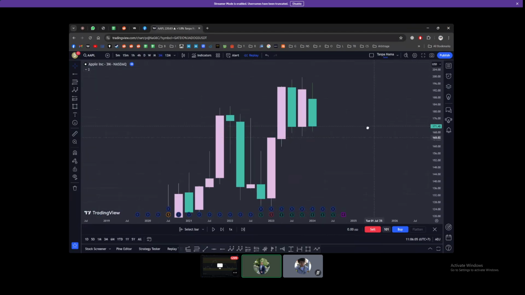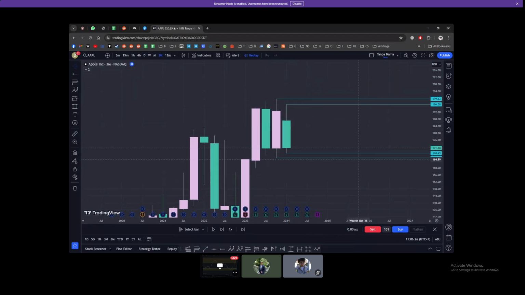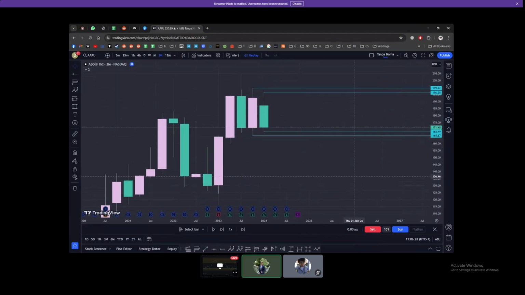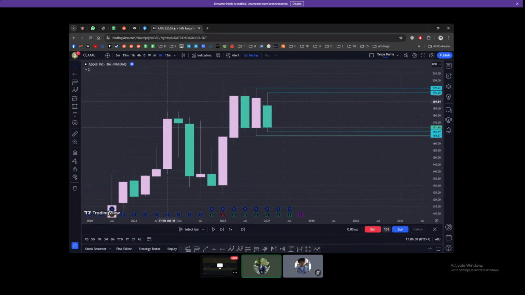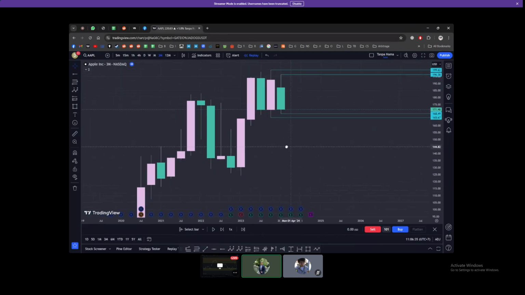So which pattern do you see here? Yes, draw it out. Also, just a note, you see the giant up candle on the quarterly chart before the large pullback happened?